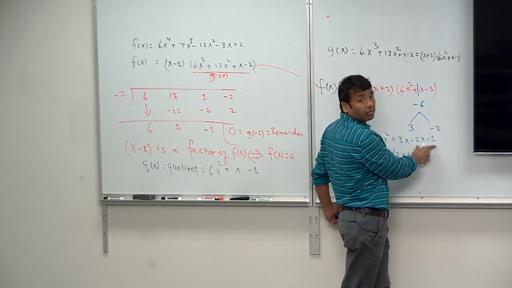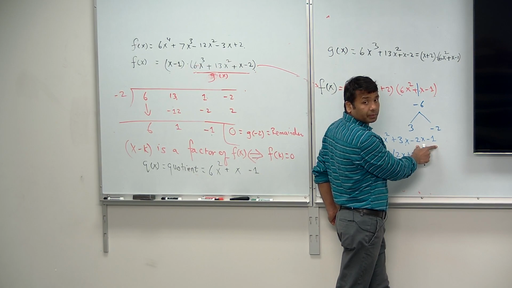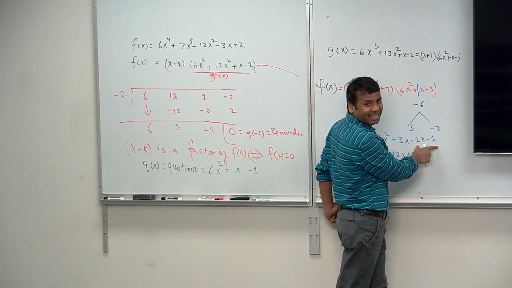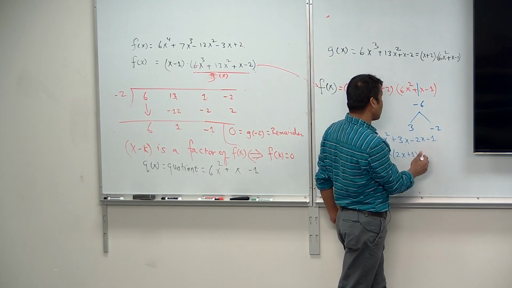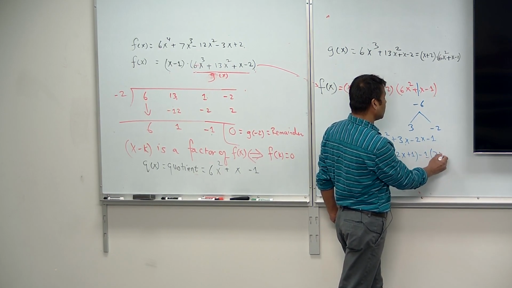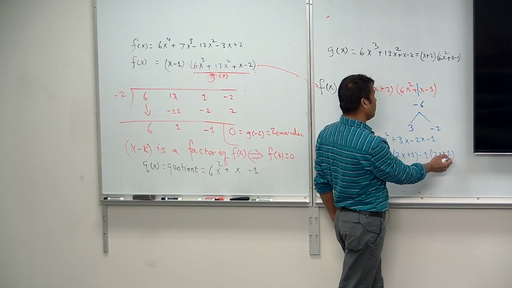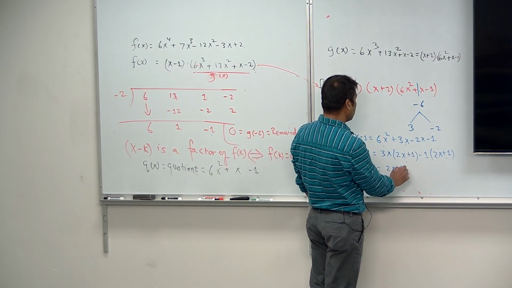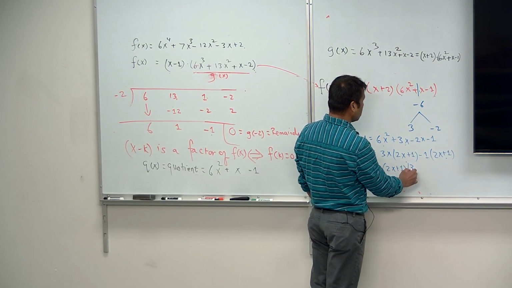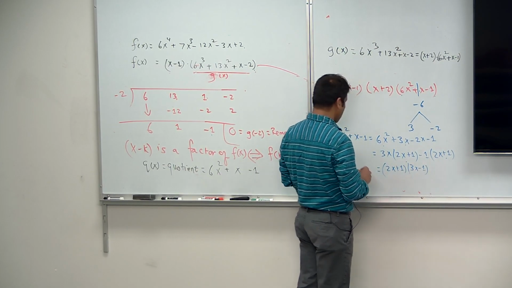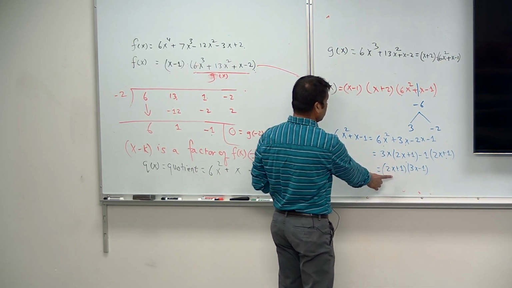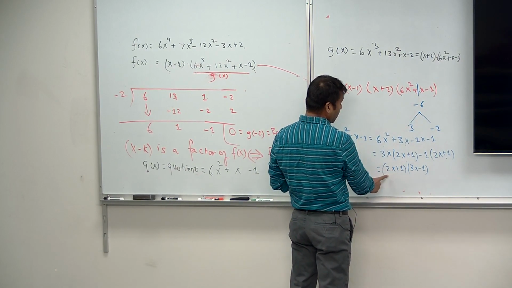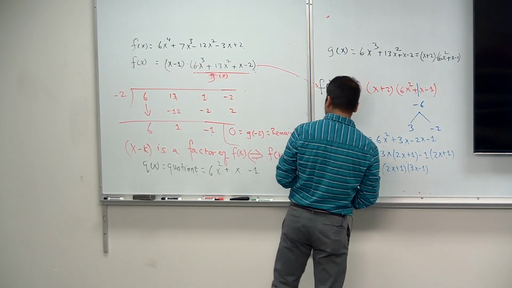And here, what can you factor out from here? Negative 1. So it will be what? 2x plus 1. And this 2x plus 1 is a common factor. You have 2x plus 1, and this is 3x minus 1. So the factors of this are 2x plus 1 and 3x minus 1.